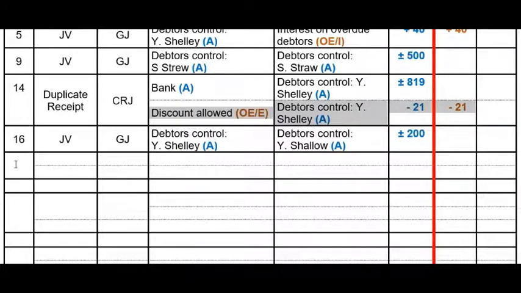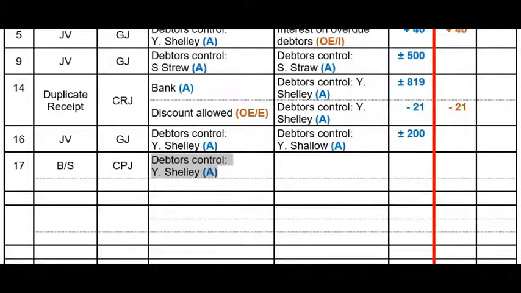So let's deal with the CPJ part first. It's on the 17th. Bank statement is the document for a dishonored check, always in the CPJ. The account that will be debited is debtors control. We thought she paid us, but she didn't actually pay us, so we increase her account again. Debtors control Y Shelley.